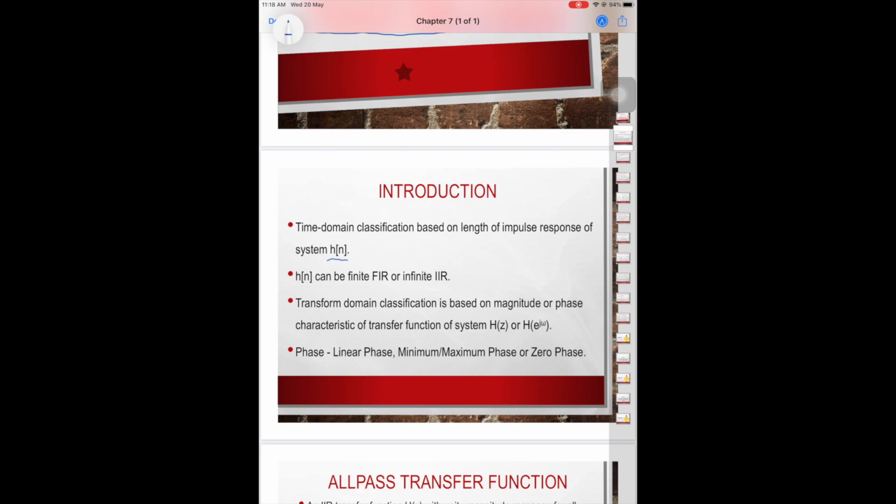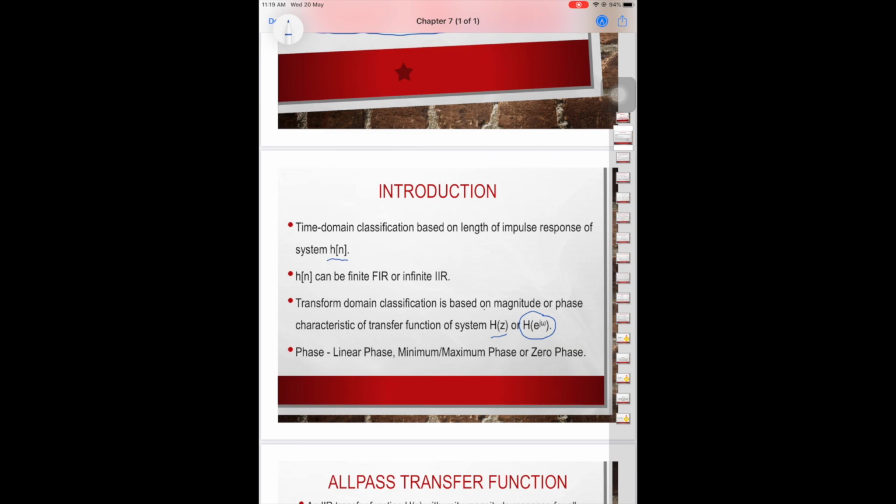Transform domain classification is based on the magnitude or phase characteristic of the transfer function of the system H(z) or H(e^jω). Why do we still have H(e^jω)? If you still remember, the Z transform is the transformation from time domain to frequency domain.